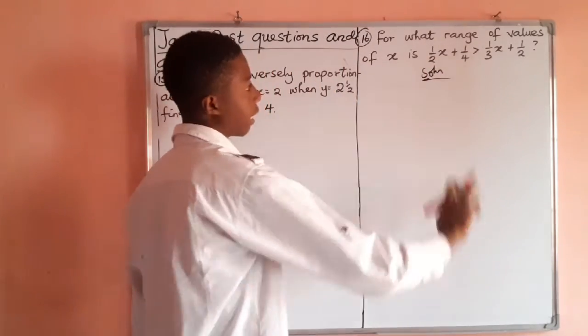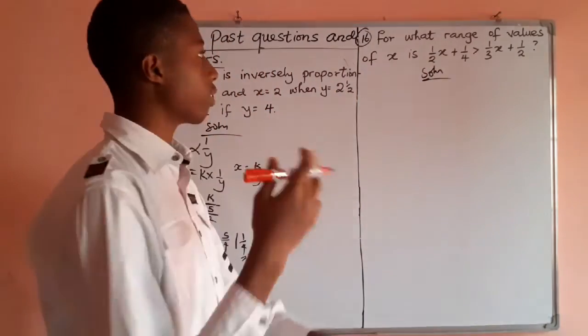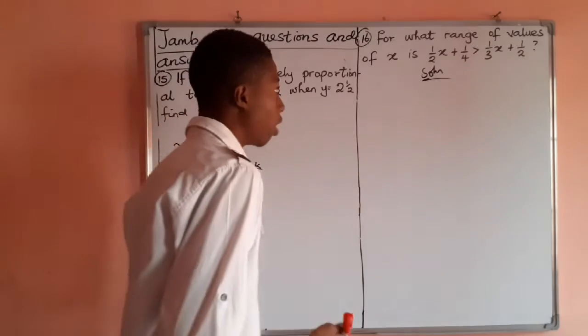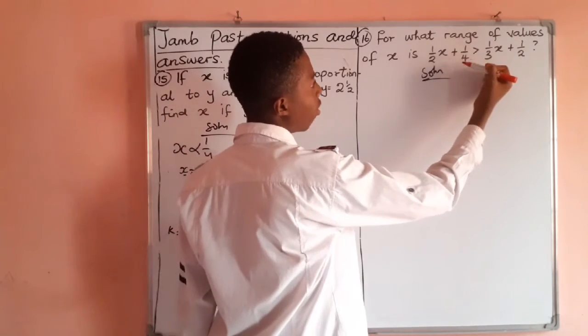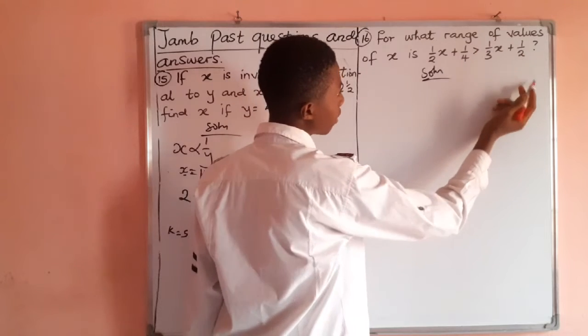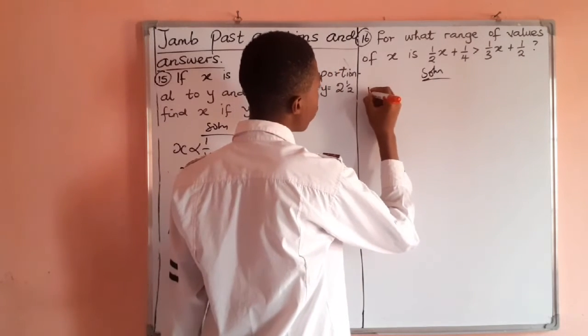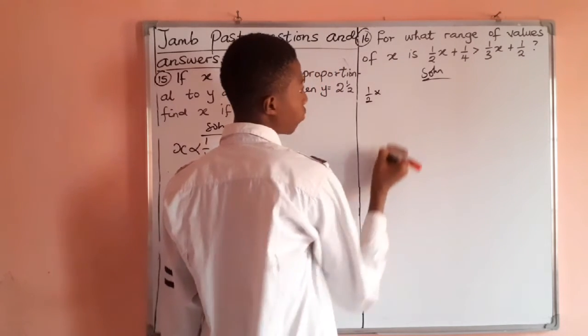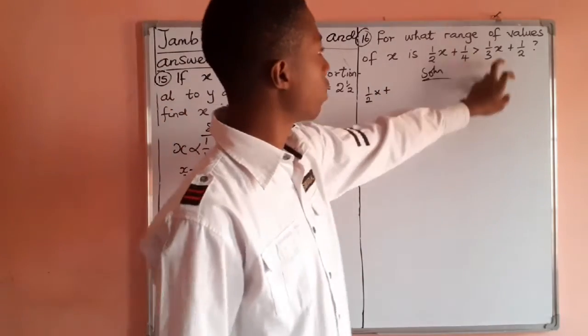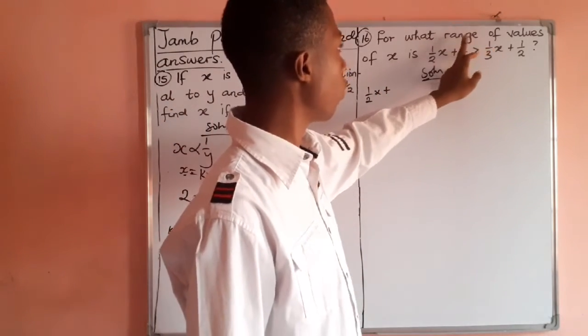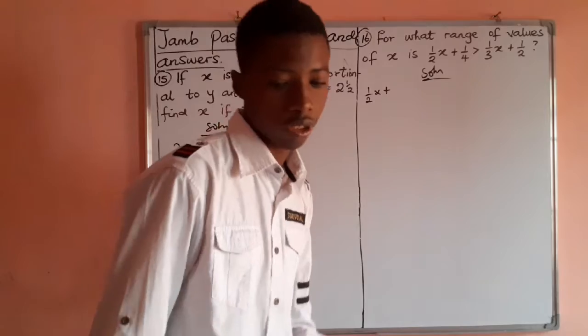By collecting like terms. One has to go to one side and the other one has to go to the other side. Collecting like terms, 1 over 3x will come to the left hand side and we'll let the 1 over 4 go to the right hand side. So we'll be having 1 over 2x, plus 1 over 3x coming over here will give us minus 1 over 3x.